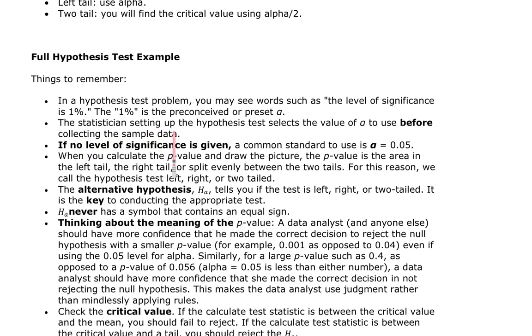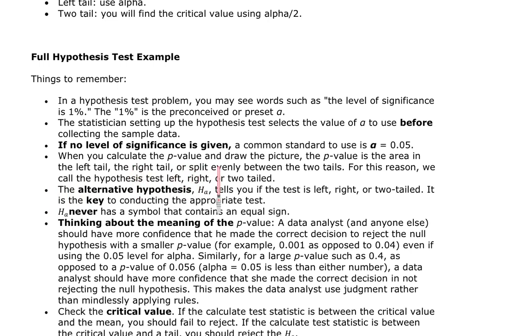The statistician setting up the hypothesis test selects the alpha prior to actually collecting the sample. And I know we didn't do that with our lab 1 and 2. That's okay. It's totally fine. If no significance level is given, we're going to use the alpha of 0.05. Since I didn't give you one, we didn't preconceive one, this is what we're going to use when we do the lab for our testing of the information that we got from our samples.